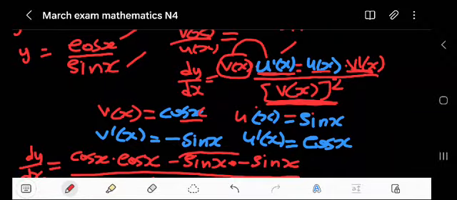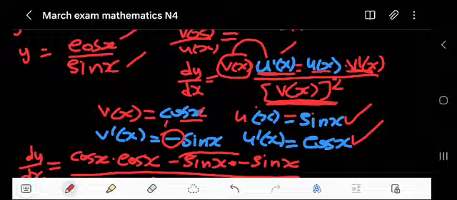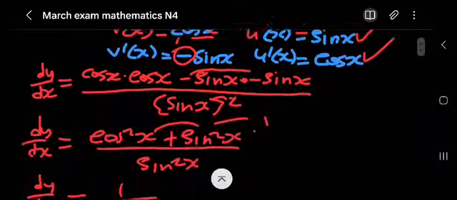Okay, I differentiated cos, which must be negative, which is good. Then I differentiated sine, which must be positive. What is the mistake here? Okay, I see.